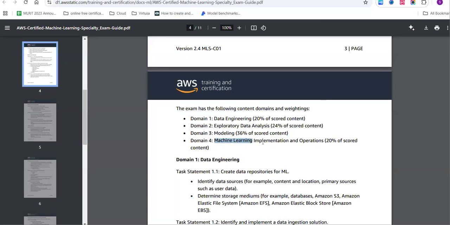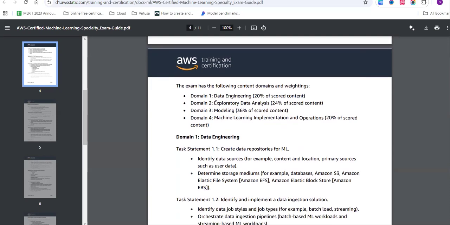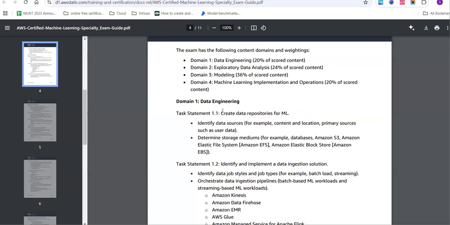And this is domain 4. This domain contains 20% of your certification score. In this domain, the topic is machine learning implementation and operations. We'll select and deploy a model in this domain.